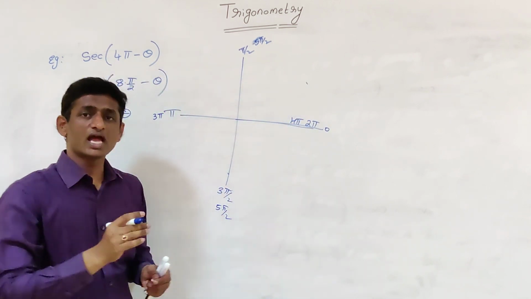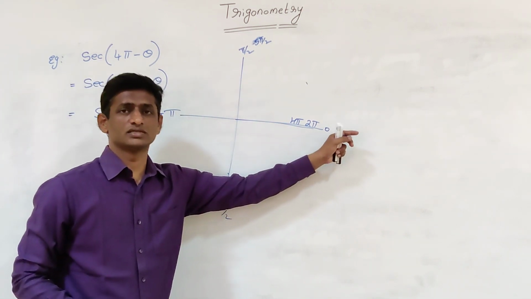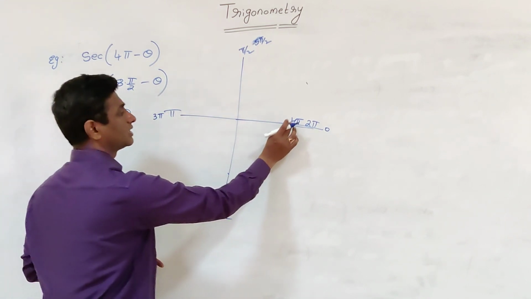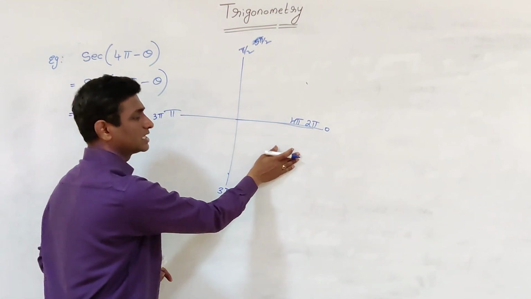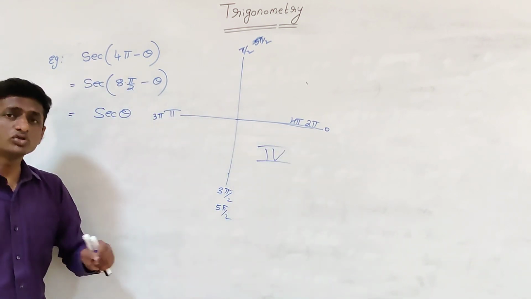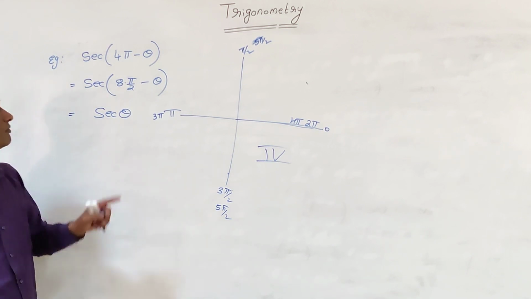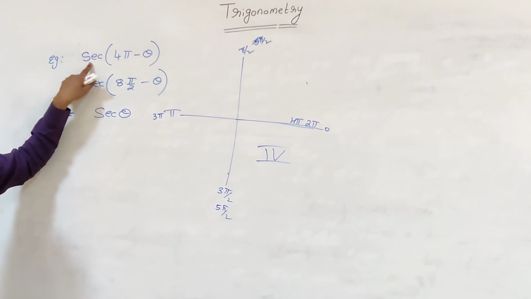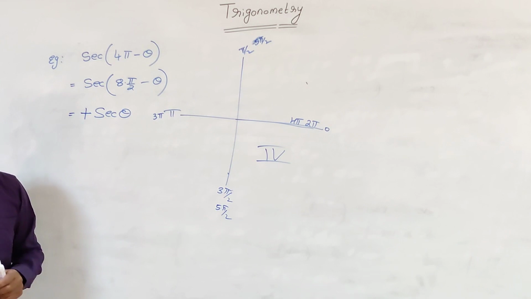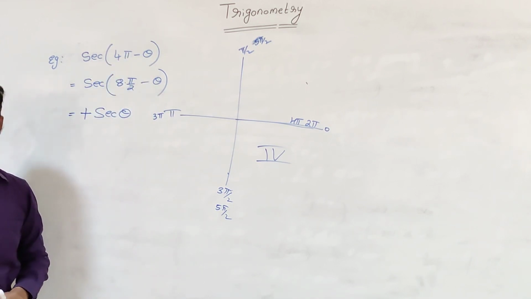So 4 pi is an angle which lies on the positive x-axis, and positive x-axis minus theta, that is 4 pi minus theta, is an angle which lies in the fourth quadrant. In the fourth quadrant, cos and secant are positive. Here the trigonometric ratio is secant, so it will have a positive sign. So secant of 4 pi minus theta is equal to secant theta.